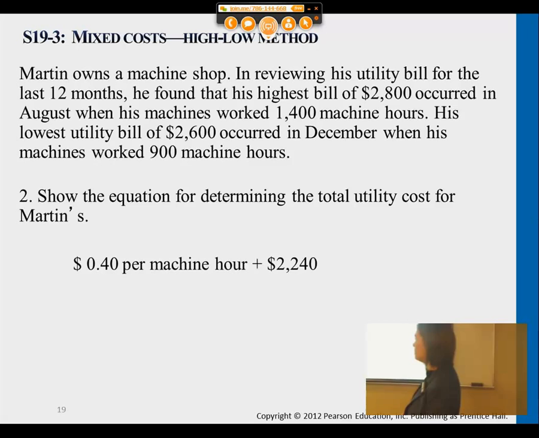So here's what it's going to be. I'm going to take 40 cents and multiply it by machine hours, whatever is known to me. This per machine hour, I'd rather just do multiplication. So it's 40 cents multiplied by a number of hours plus the fixed cost of $2,240. Makes sense?